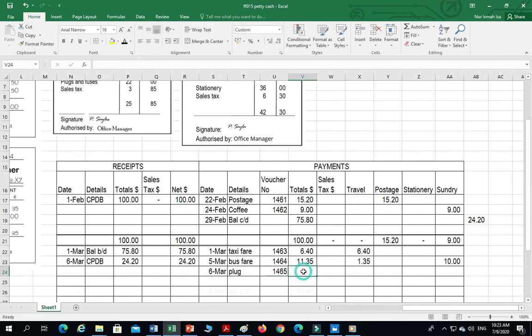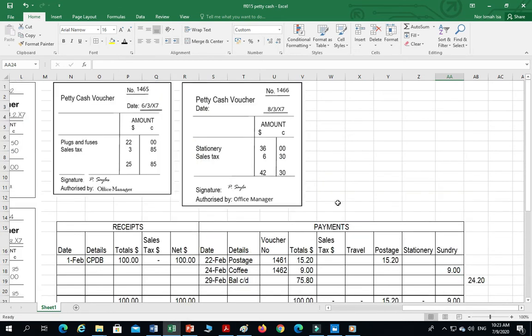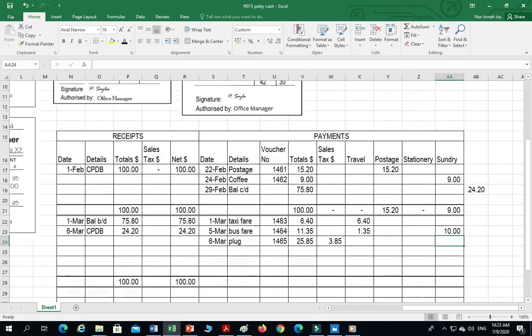The total amount is 25.85. And this payment is for two things. One is the sales tax, 3.85. And the plug itself is 22, which is under the category of sundry.